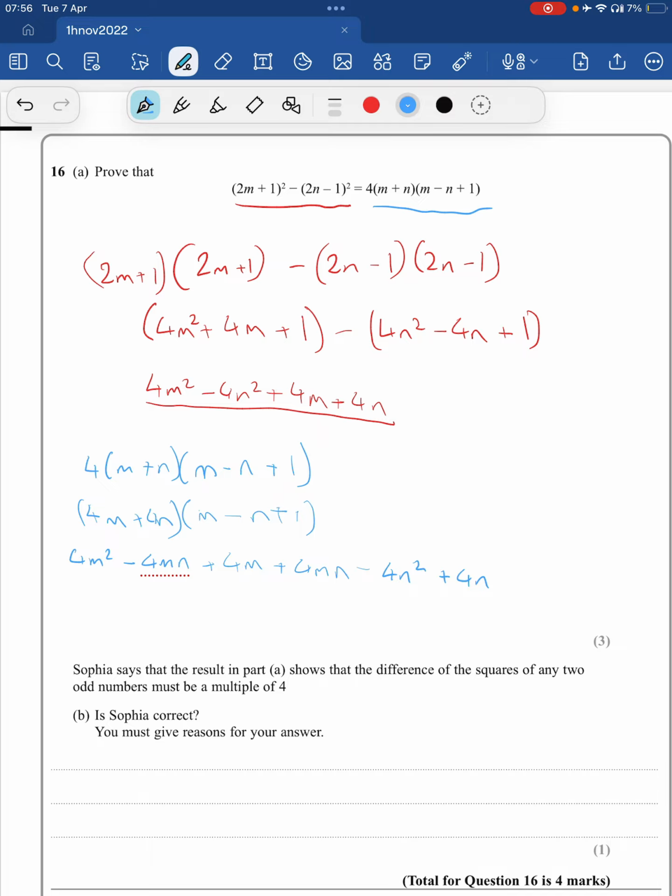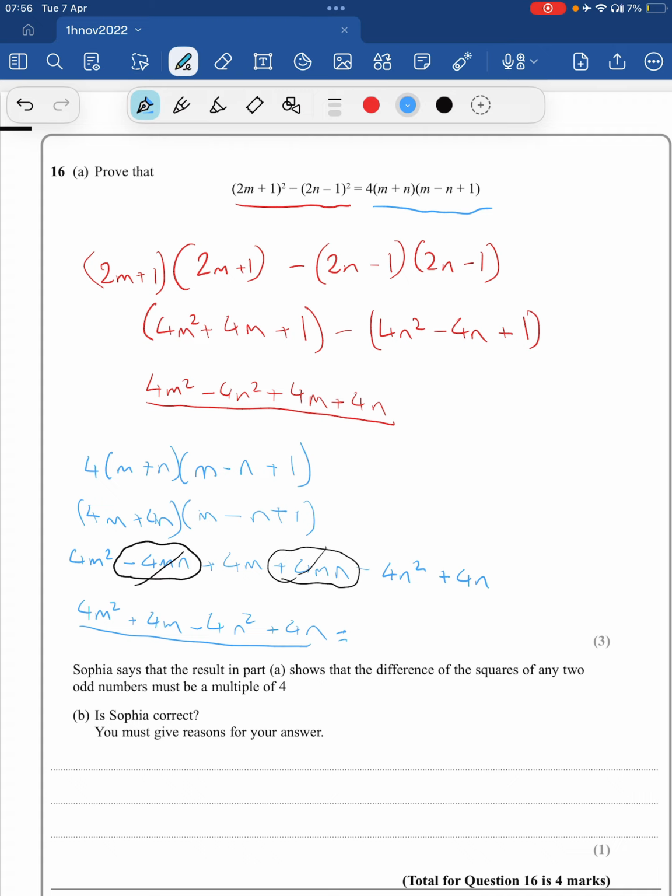Finally, we can see we're getting close, very, very similar, but there is one difference. For both negative 4mn and positive 4mn, we've got like terms, and they would cancel each other out, meaning we'll be left with 4m squared plus 4m minus 4n squared plus 4n, and we note that red is now the same as blue.